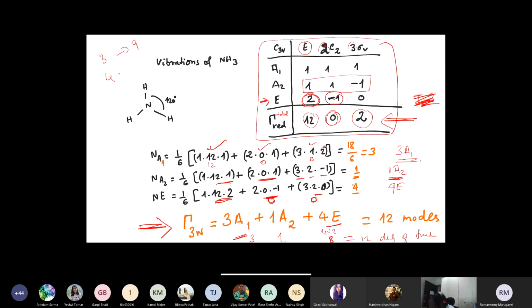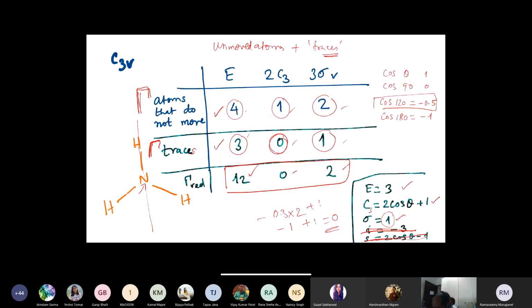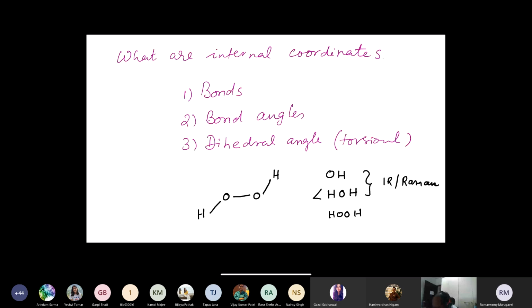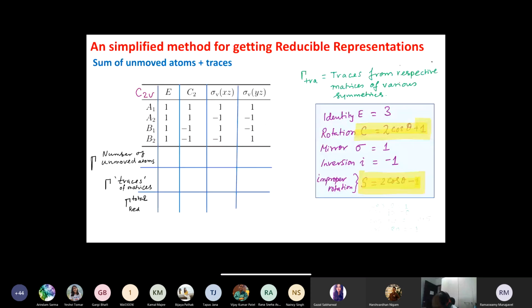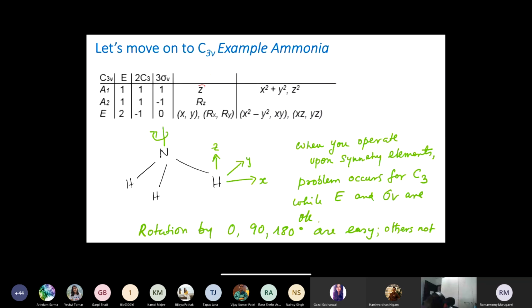Okay. Now we can go back and do the same exercise we did for water. This is the total degrees of freedom. And in the character table, you see that translation corresponds to 1 A1 and 1 E. E is actually 2. If you want to see the character table, I'll quickly take you back. Where is this C3 character table? See, this is non-degenerate. This is degenerate. This is non-degenerate, and this is degenerate.